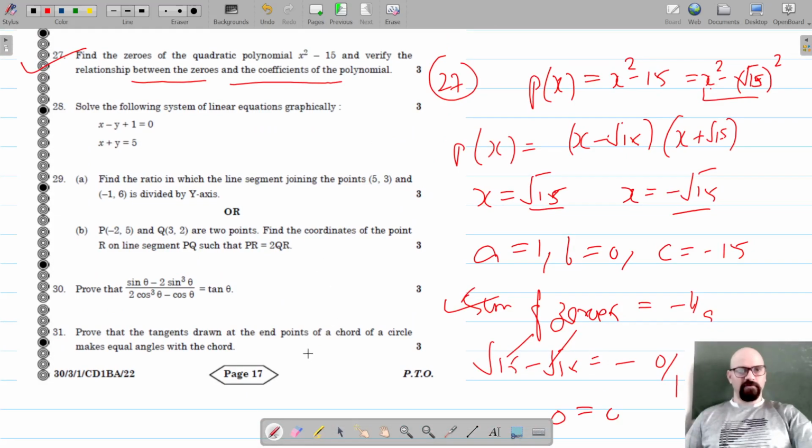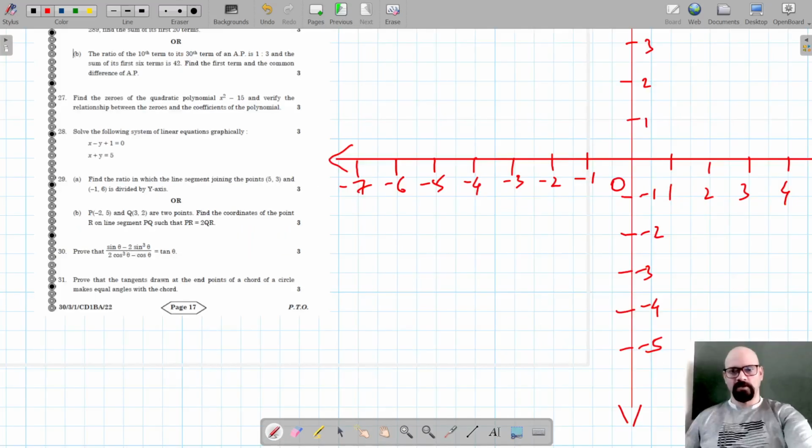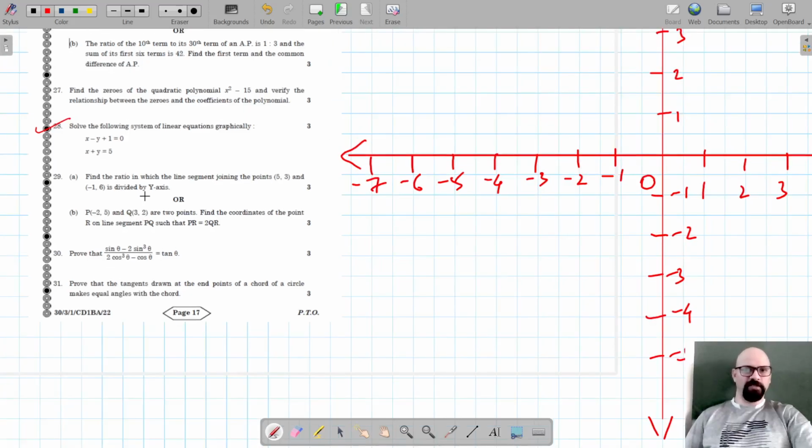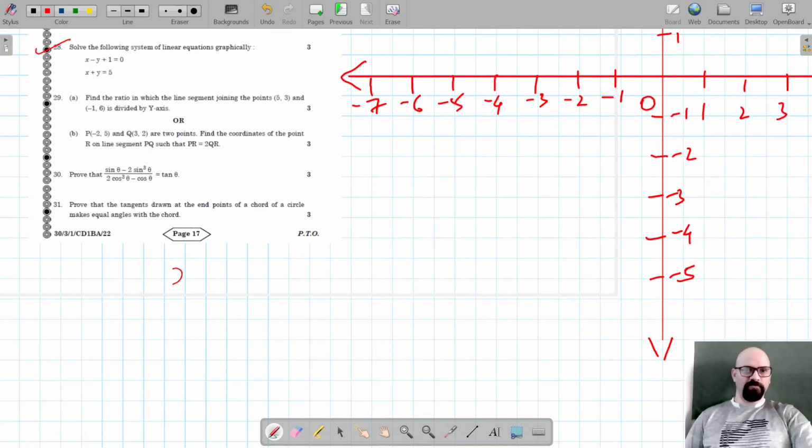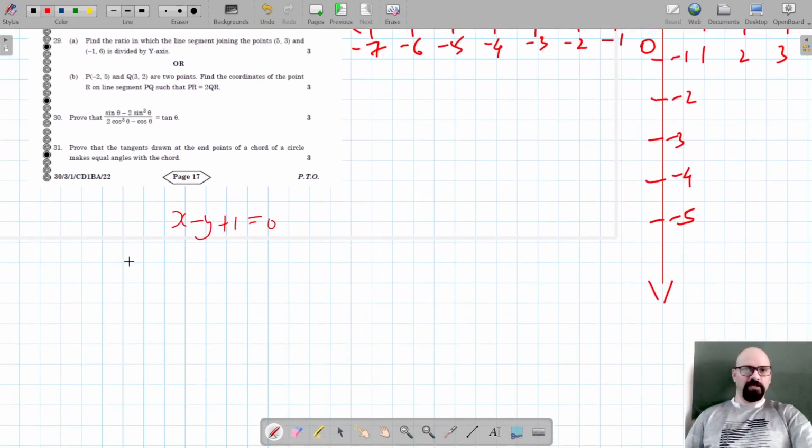For the next question, we have to solve the following system of linear equations graphically, and I've got the Cartesian plane for this. The first equation is x minus y plus 1 is equal to 0. Let me get the values of x and y for this.